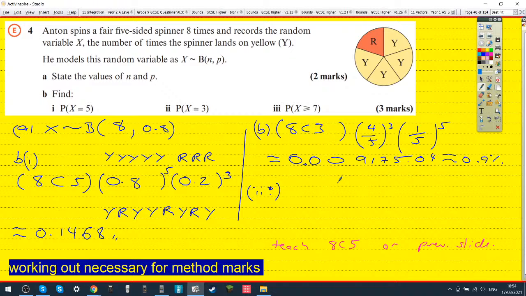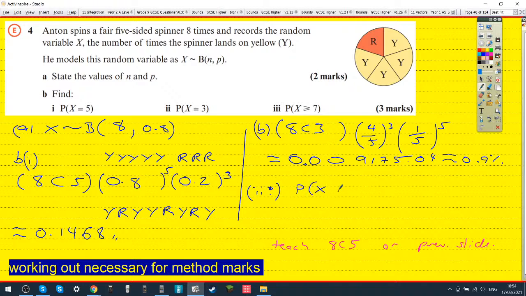So x would be anything greater than or equal to 7. Is that the probability of getting 7 or less or more? What's the biggest you could get?